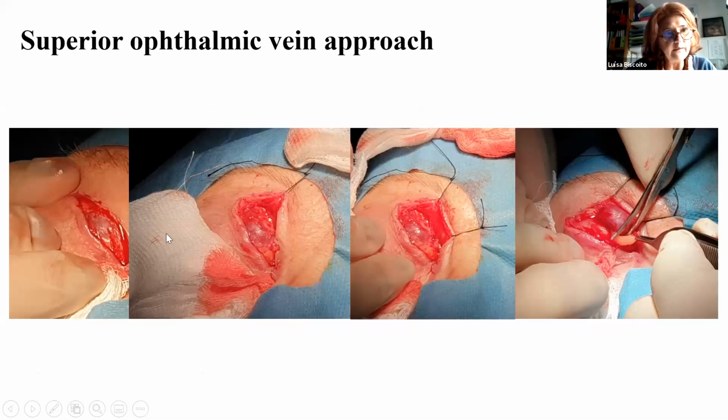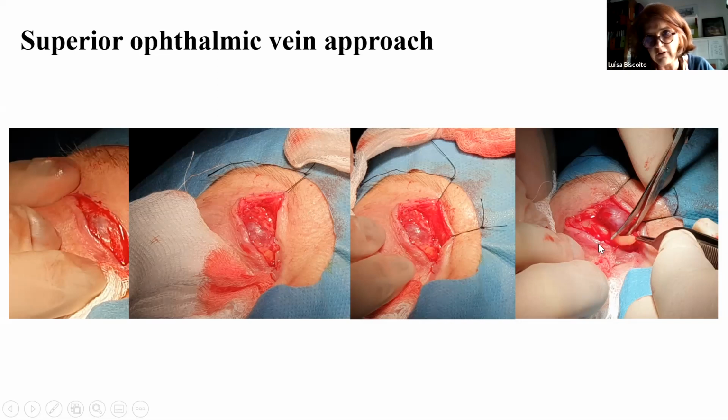And then we see the vein here, and it's exposed, the suspension of the skin, and slowly dissecting the planes around to expose the vein. Here we see the arterialized vein.